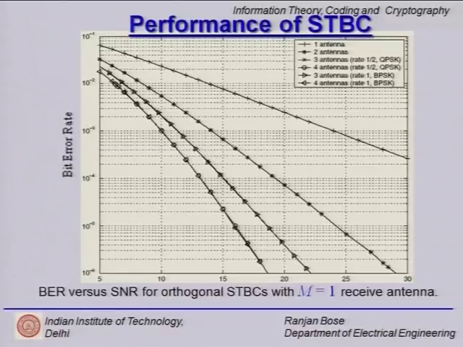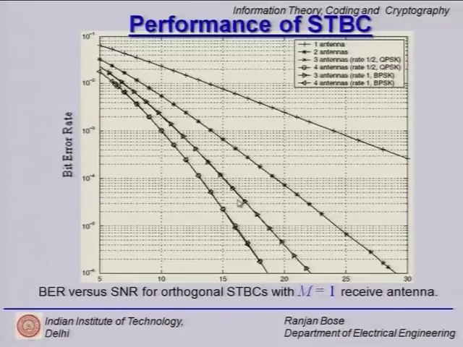The other important thing is to note that the slope increase means that these two curves diverge as we go along, which means that at higher and higher SNRs the diversity gain is more and more. So the real benefit of diversity gain comes at higher SNRs. Then why should we stop?